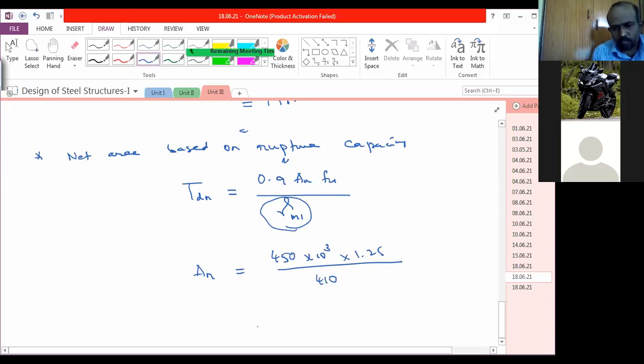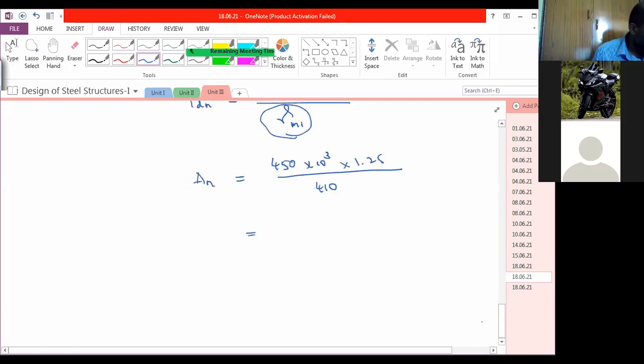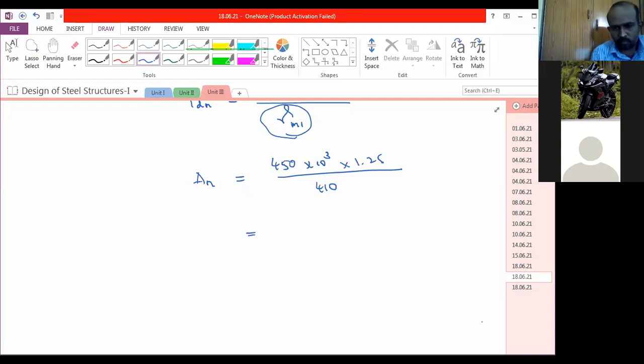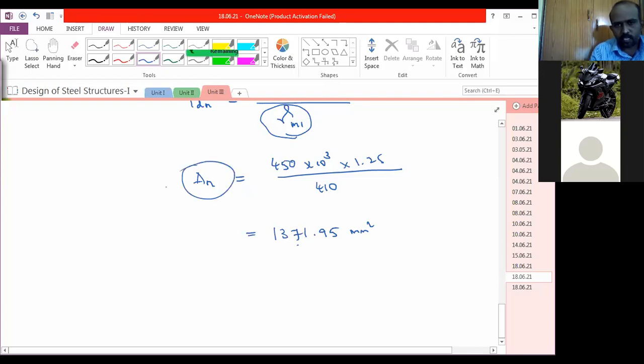Calculate and tell me AN. How much? 1371.95 mm square. This is the net area, right?